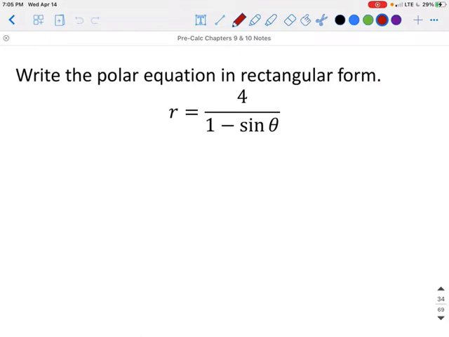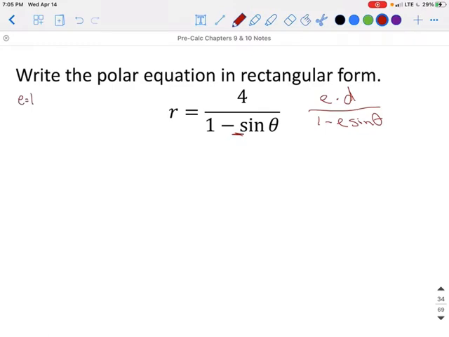If we take a look at this equation, remember that the equation of a conic section is in the form of E times D over 1 minus E sine of theta. Since there's no value right in front of sine, we know that E will be equal to 1.